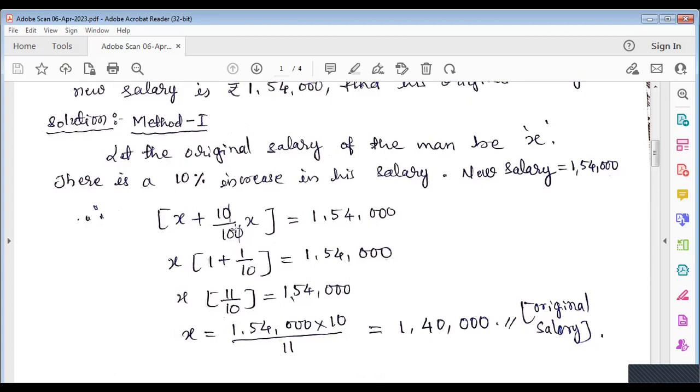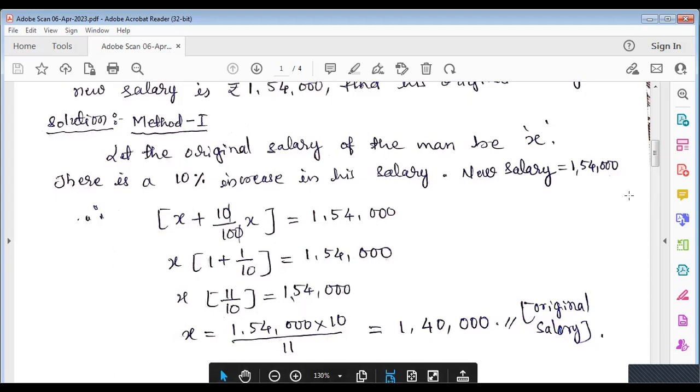And in this bracket you take X common, the remaining, and 10 by 10 you cancel. So remaining is X into the bracket 1 plus 1 by 10. This is equal to 1,54,000. And you take the LCM here. So this becomes X into 11 by 10 is equal to 1,54,000.